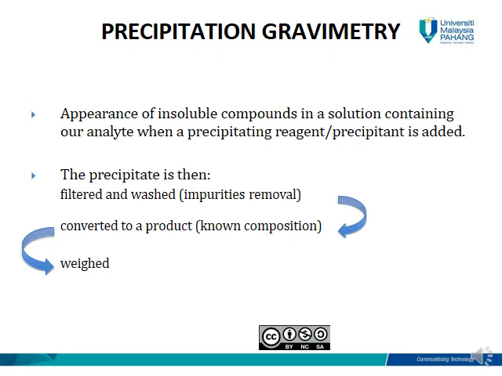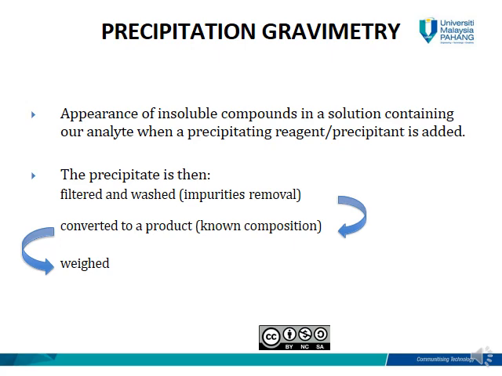When the precipitate is formed, we can assume that insoluble compounds will appear. Here we see the appearance of insoluble compounds in the solution containing our analyte after the precipitating reagent, or precipitant, is added to the mixture.